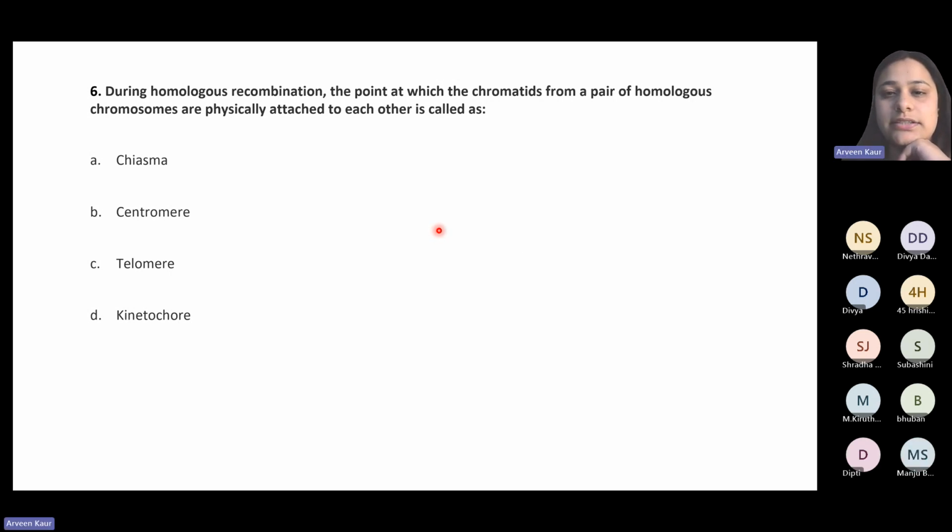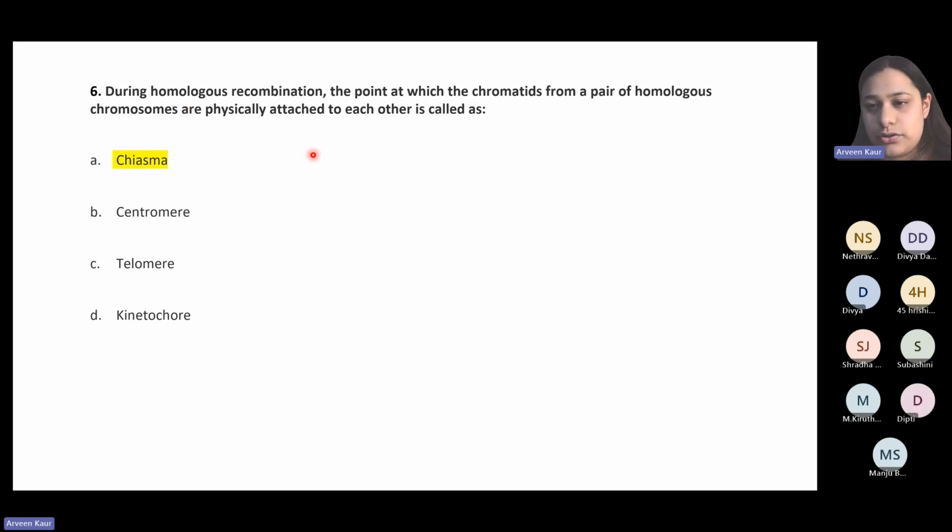So the answer for this particular question is chiasma, right? During the earlier questions, I did discuss chiasma, chiasmata. So what is this? It is basically the point at which the chromatids of a pair of homologous chromosomes are physically attached to each other.